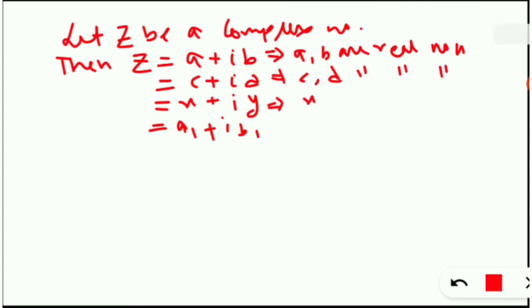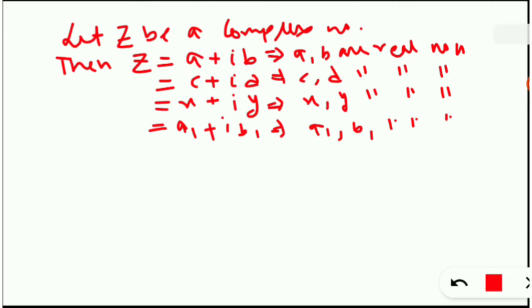Here x and y are real numbers, and the last one, a1 and b1 are real numbers. That means if z is a complex number, then z can be written as a1 plus ib1, or a plus ib, c plus id, x plus iy, no problem, you can write any of these forms.